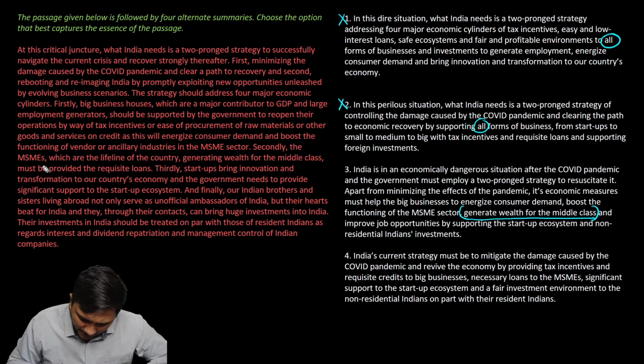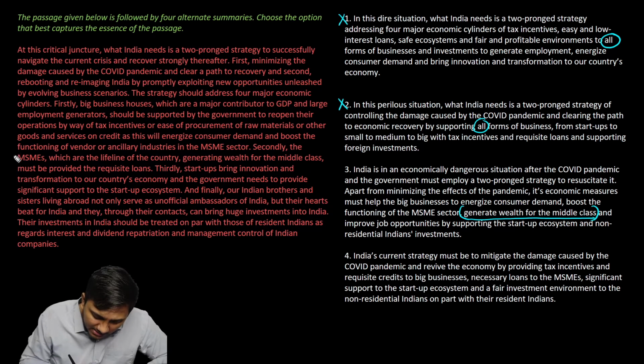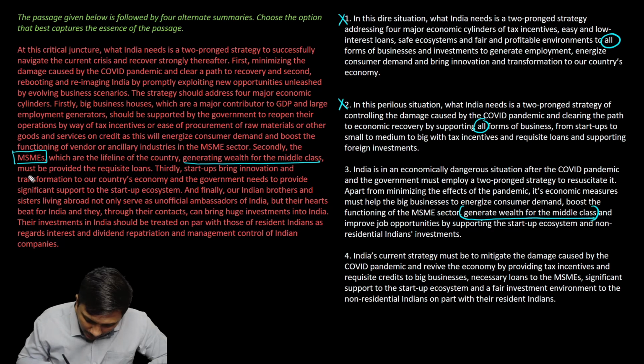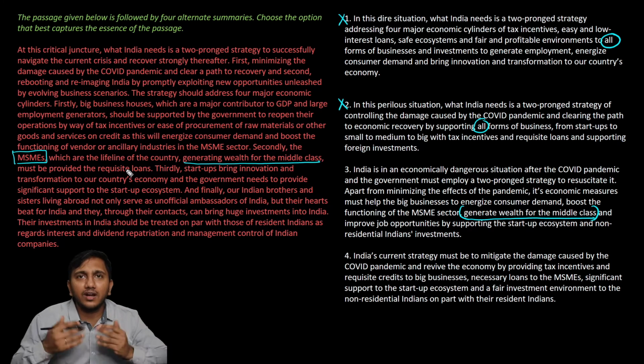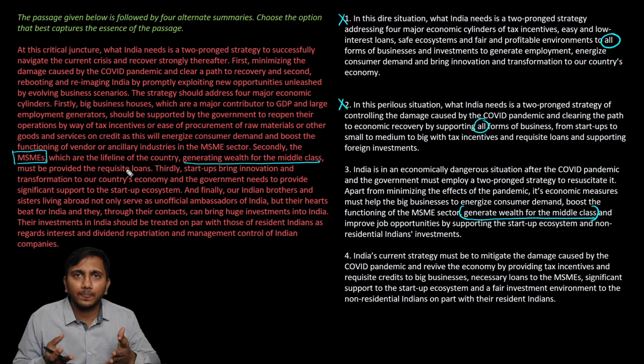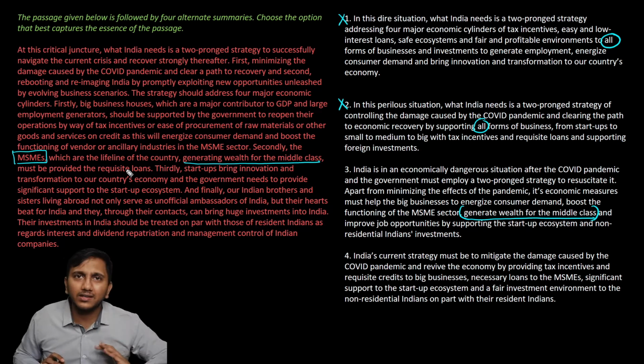If you see here, it is given: secondly, the MSMEs, which are the lifeline of the country, generating wealth for middle class. They are telling MSMEs are generating wealth for middle class, must be provided the requisite loan. The paragraph is not telling that government should concentrate on generating wealth for middle class. That's completely different from what is given in the paragraph.